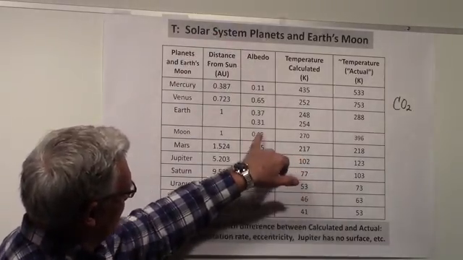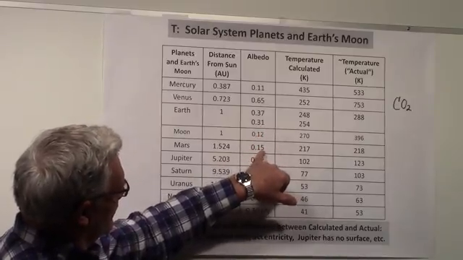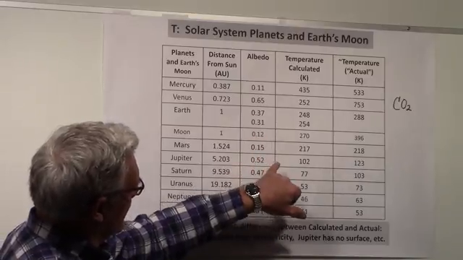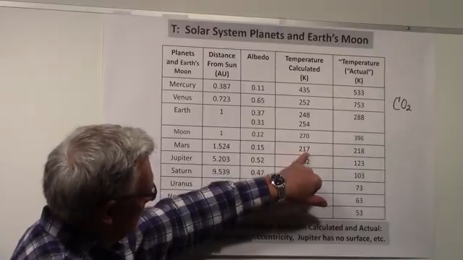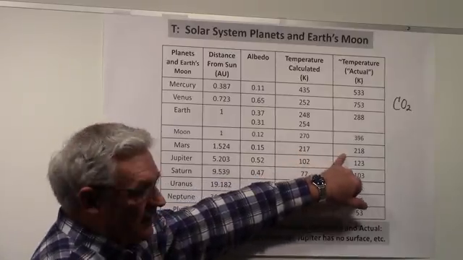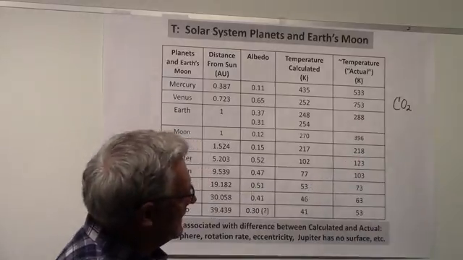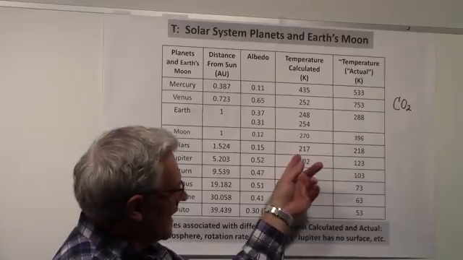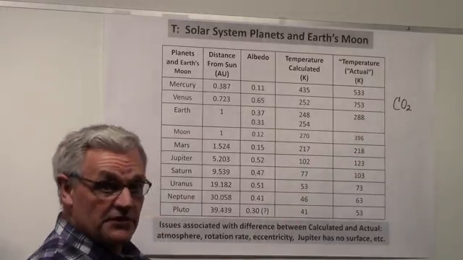It has a reflectivity, or an albedo, very similar to the Moon and to Mercury. And when you calculate the temperature, you get 217, and the typical temperature that you see for Mars is about 218, so they're about the same. And one of the reasons that these work out so well is that the Mars atmosphere is so thin.